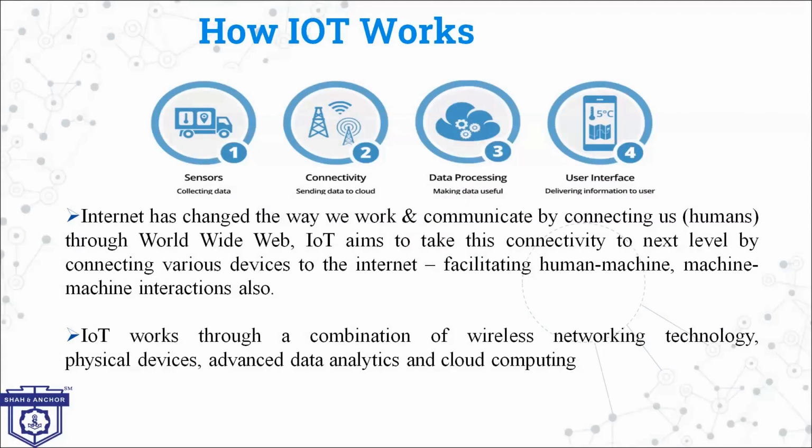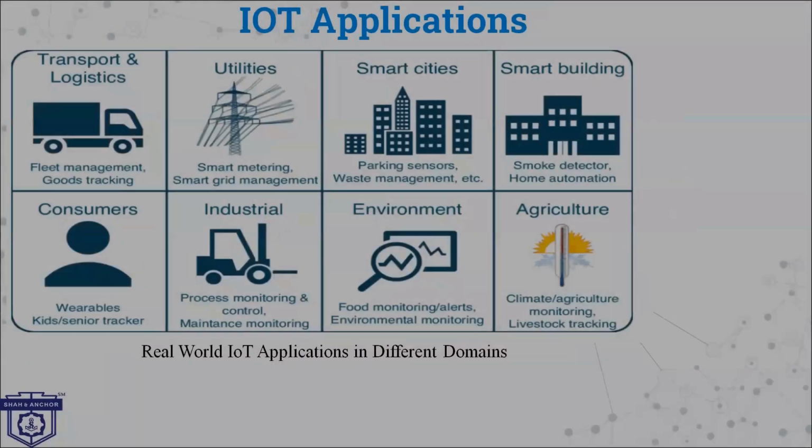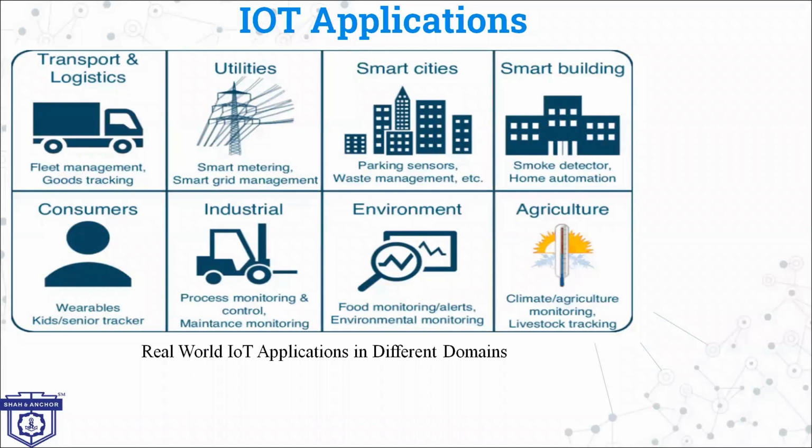Now, what are its applications? What are the applications of the IoT? As I told you, IoT is nowadays used in almost all domains, in every sector. These are the various domains where the IoT concepts have been mostly used.